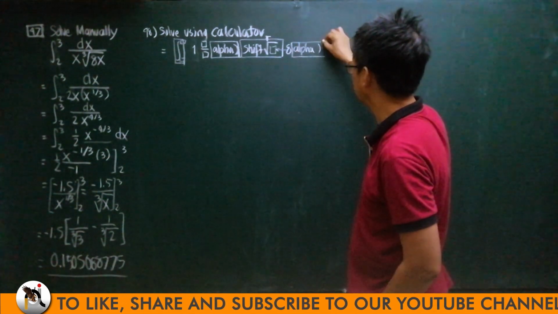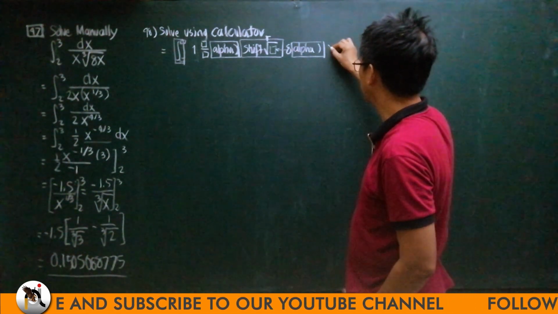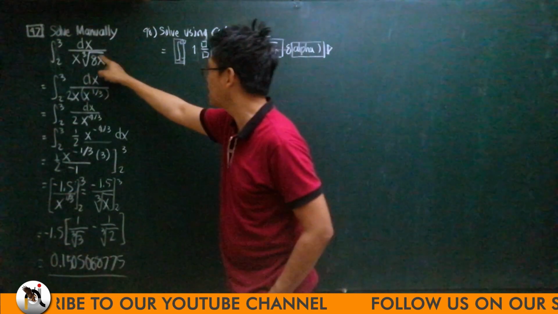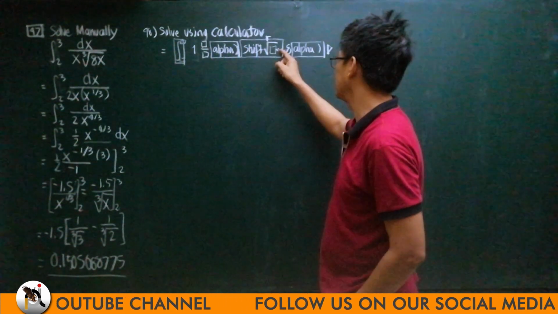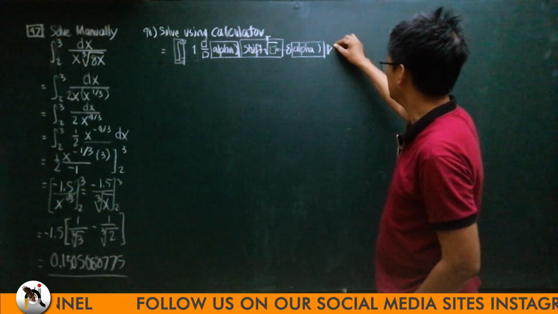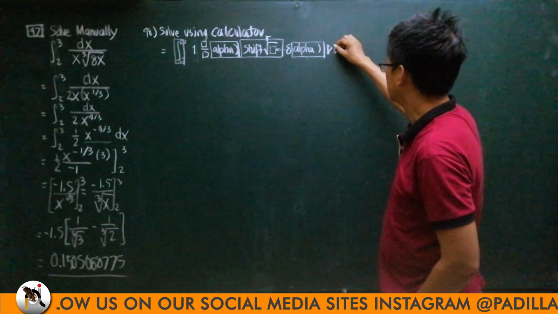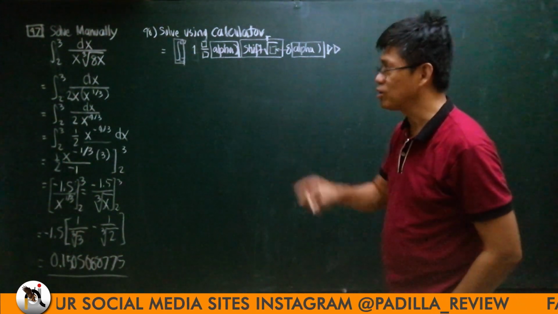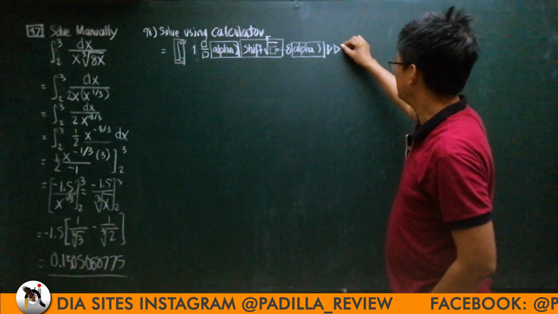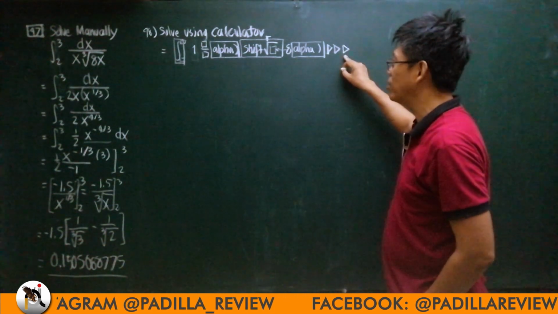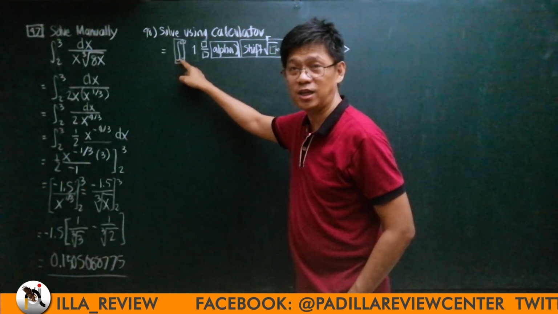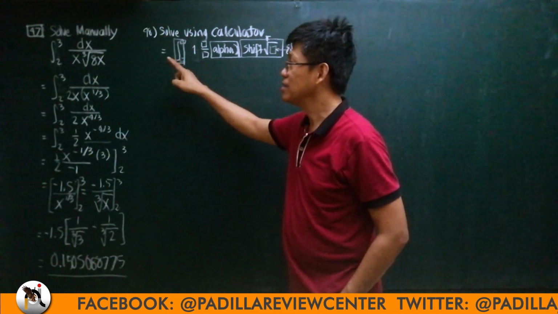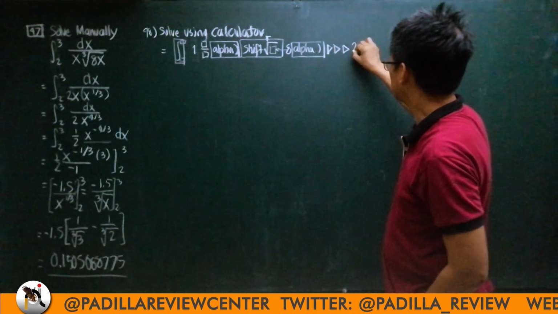This is your x. Then, you press the right arrow key to get out of the cube root. Then, you press again the right arrow key to get out of the denominator. Then, you press the right arrow key again to go to the lower limit. So, input the lower limit, 2.